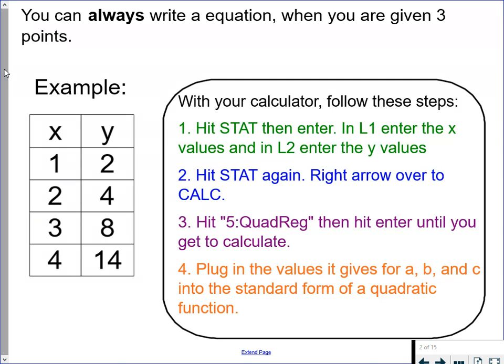Same thing, go over to L2, go all the way to the top, press clear, enter, and it clears out all the contents in the chart. So your L1 is your X, and your L2 is your Y. Go ahead and enter in those values if you haven't already done so.